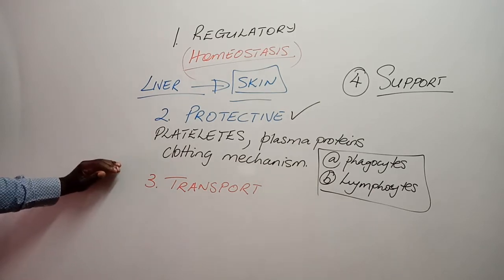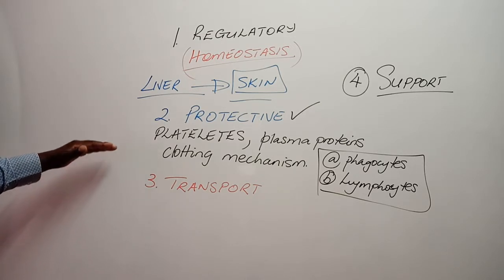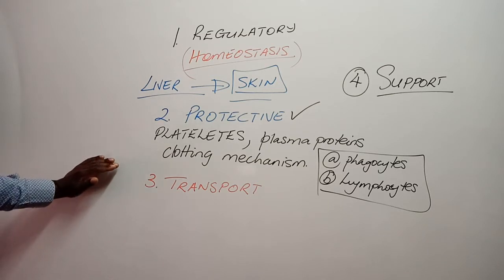The third function of blood is playing the role of transport. Blood plays the role of transport. So we have got soluble products from digestion or absorption.